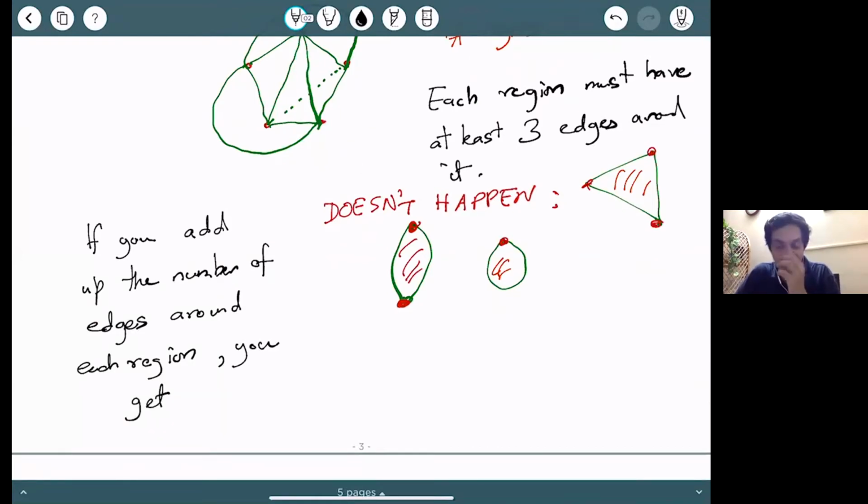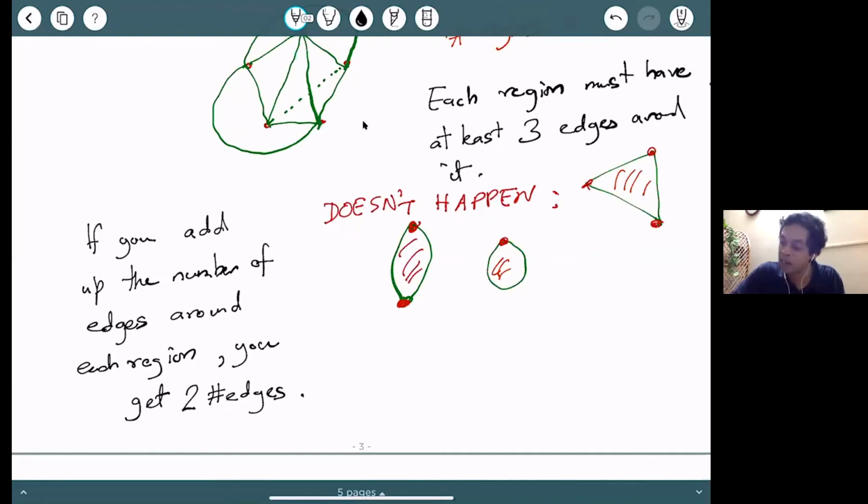Do you get all the edges, or the number of edges, or what do you get? Can someone unmute themselves, perhaps? If I say you get the number of edges, that's wrong, but can you correct it? Yes, that's right. You get twice the number of edges.